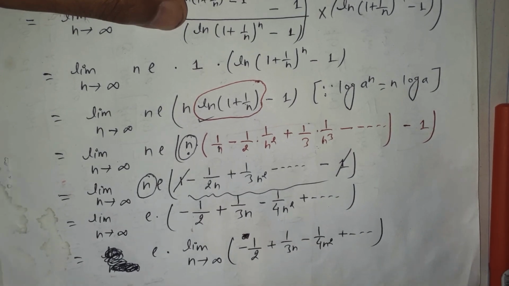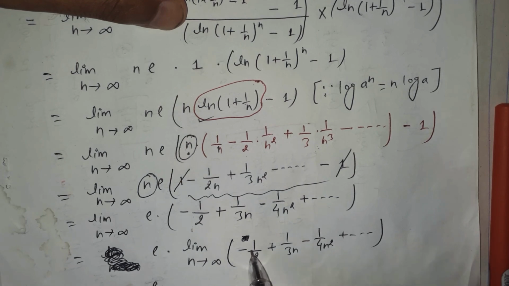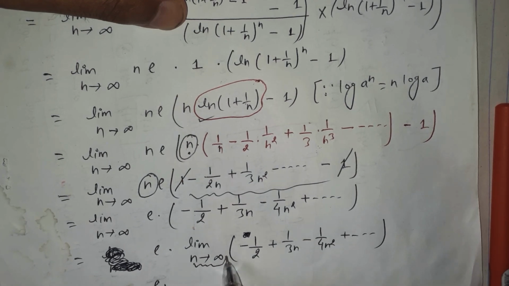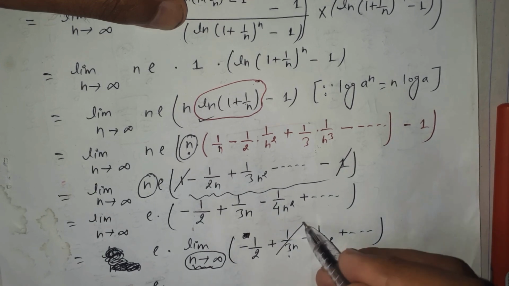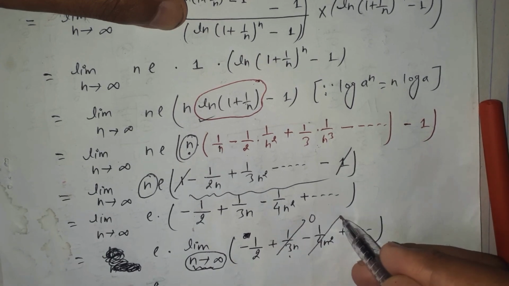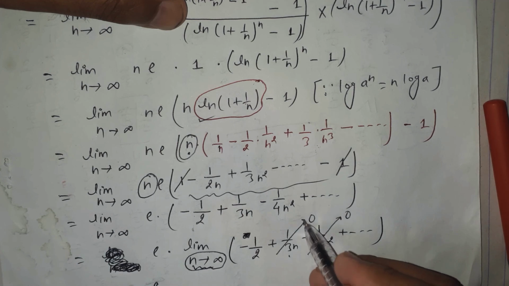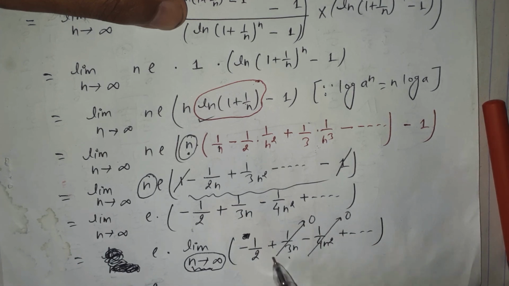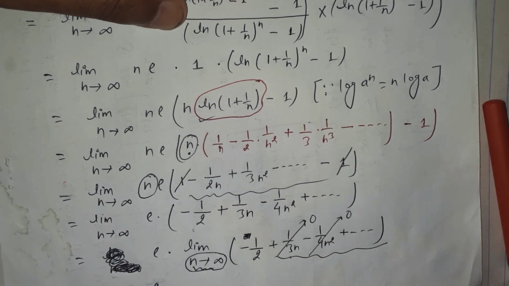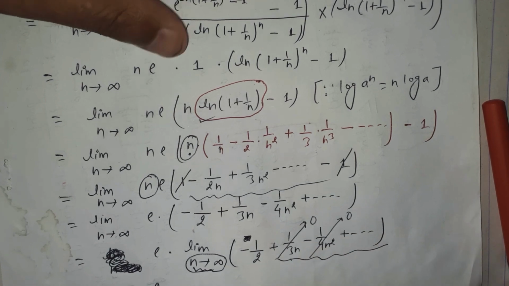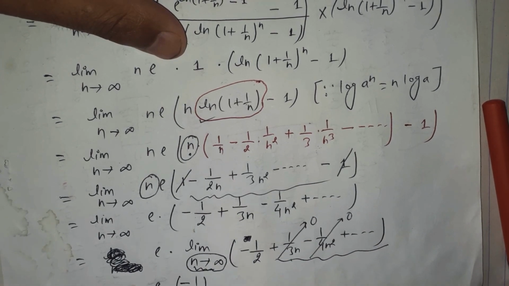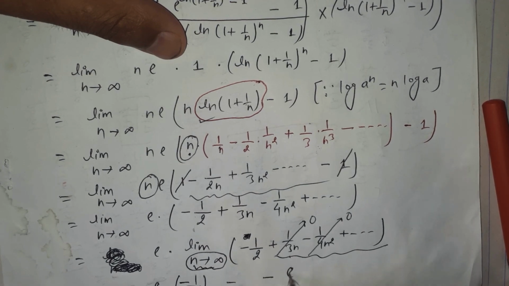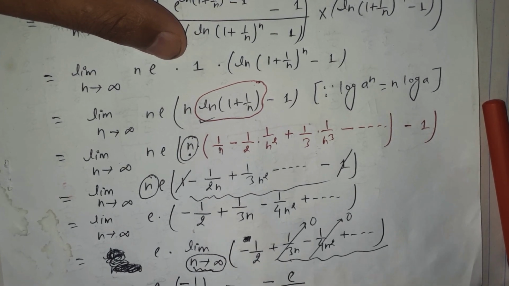And this can be written as e times, if we put n as infinity, then this will be 0, 0 plus 0. All the terms after the first term approach 0. So this will be just negative 1 over 2, and this is negative e over 2.